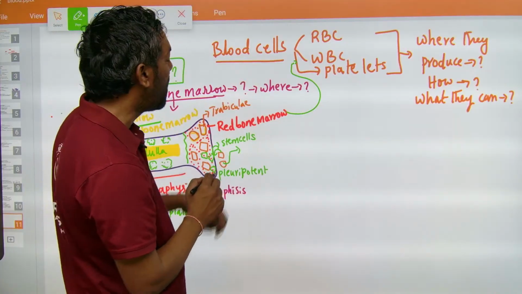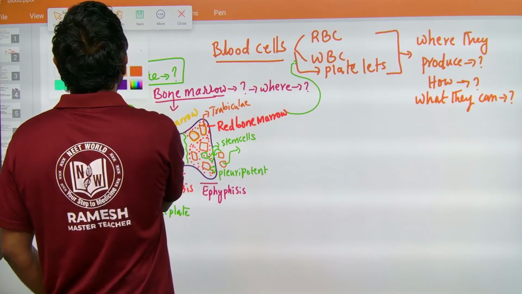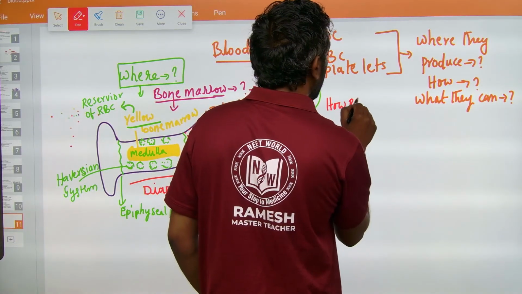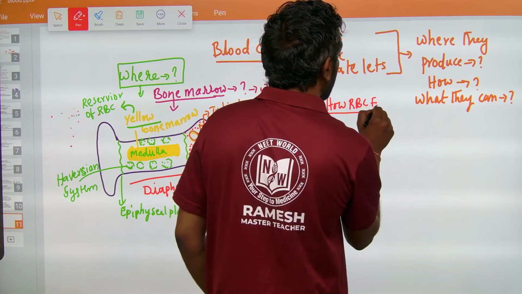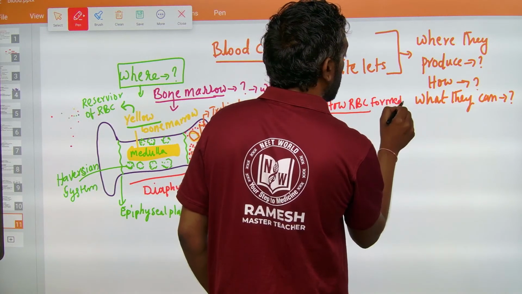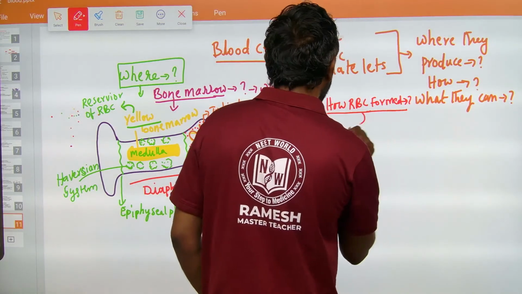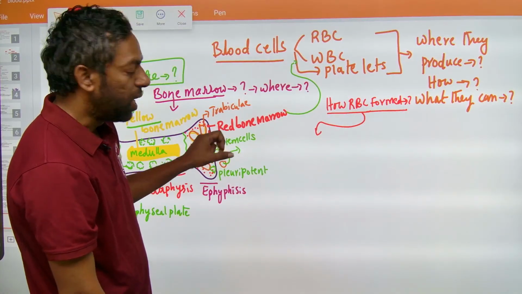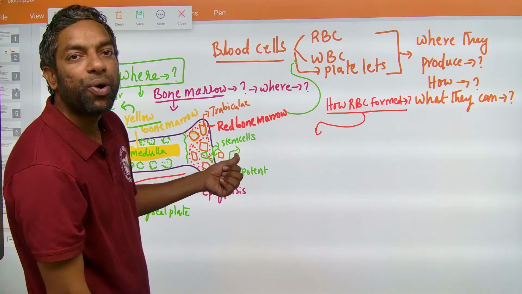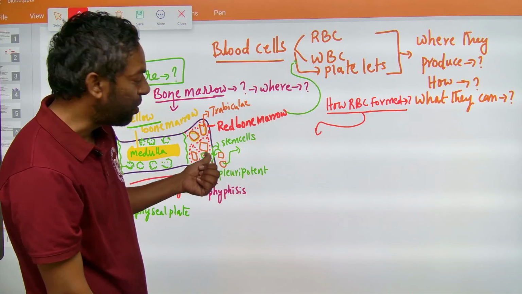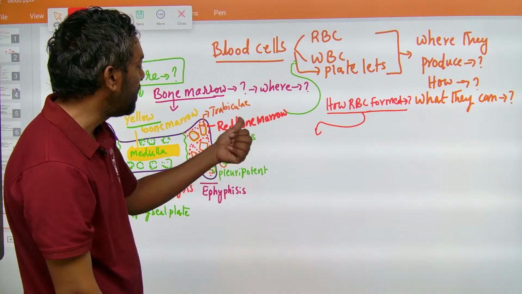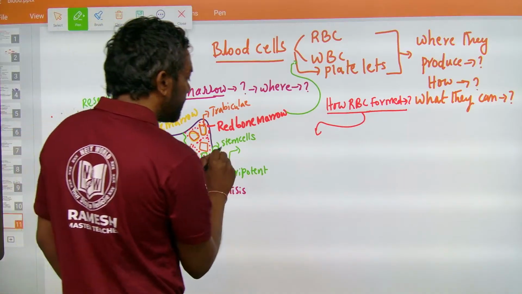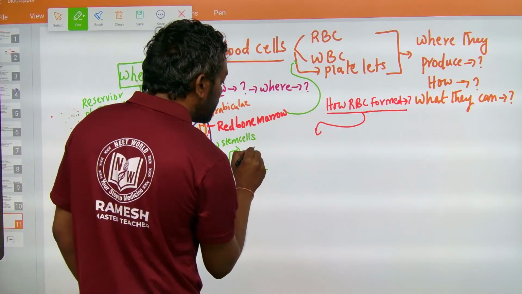erythroblast cells, if we come to the RBC. How is RBC formed? This is the question right now. RBC is formed from the pluripotent cell in the red bone marrow, which initially turns into an erythroblast cell.